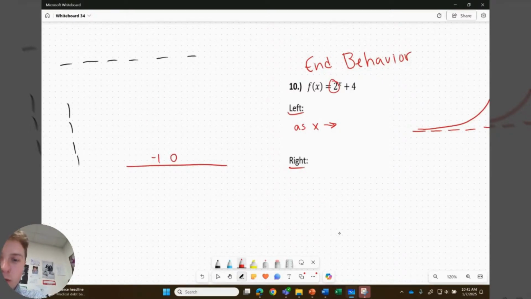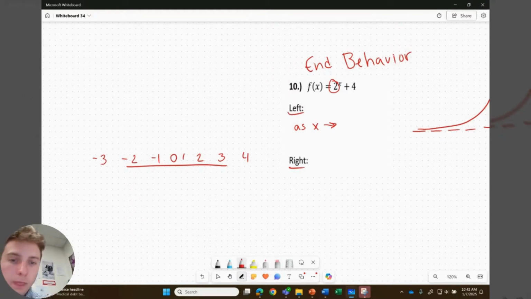You have 0 in the middle, and then you have each of these values moving out towards the sides, where the positives are on one side, the negatives are on the other. Well, if you look at a number line, the values that are negative are the left side. So that tells me exactly what I should have for x. If you are talking about the left side as an end behavior, it always starts the same, as x goes to negative infinity.